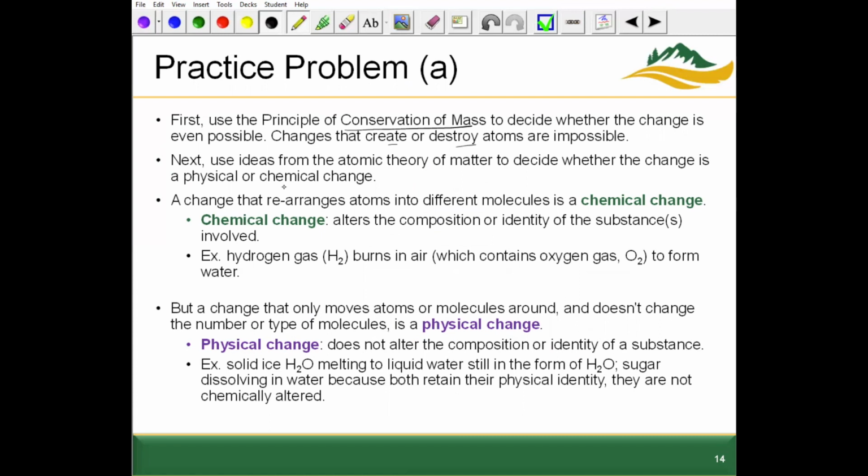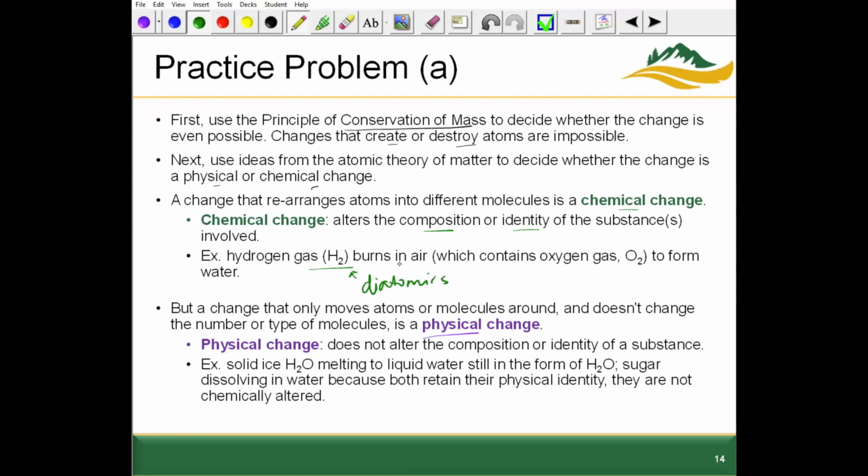Then as we are differentiating between a physical and a chemical change, going back to what we know about both of those, the chemical change will involve altering the composition or identity of the substances involved, meaning that we're not just melting the chemical from a solid to a liquid, where in that case, if we're melting, that's an example of a physical change. But for chemical changes, if we are actually changing the identity of the substance, it might mean we're burning the substance. For example, when hydrogen gas or H2, this is one of our diatomics, right?